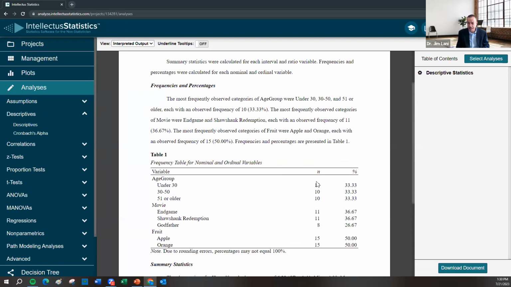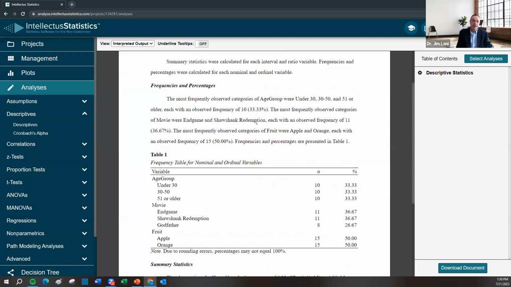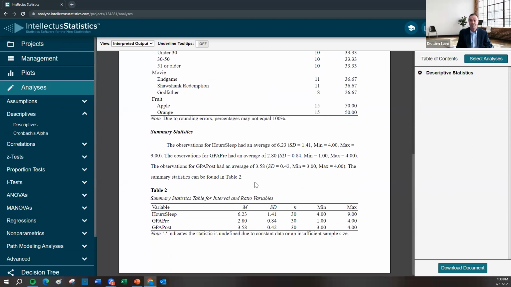So I'll just say here, for all the age groups, we have equal sample sizes in each, and it says the most frequently observed category were all three of these. All right, so each age group had the same. Just know that there's an auto draft of what's in that table.